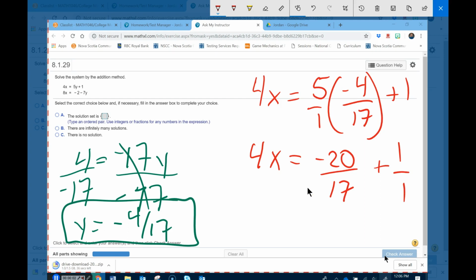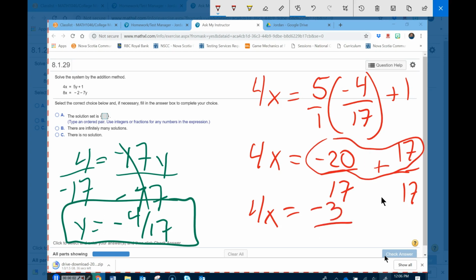So right now this is like 1 over 1. I need to scale that up. So I'm going to make that 17 over 17 because again 17 divided by 17 is 1, and now I have common denominators. Next I'm going to combine the numerators. So negative 20 plus 17 is negative 3, and the denominators just come along. That's it. Okay?